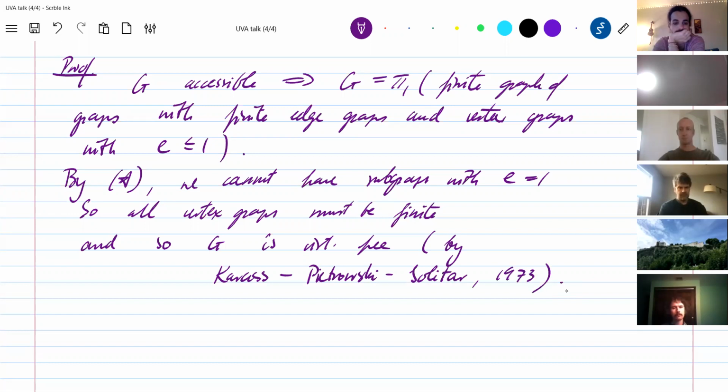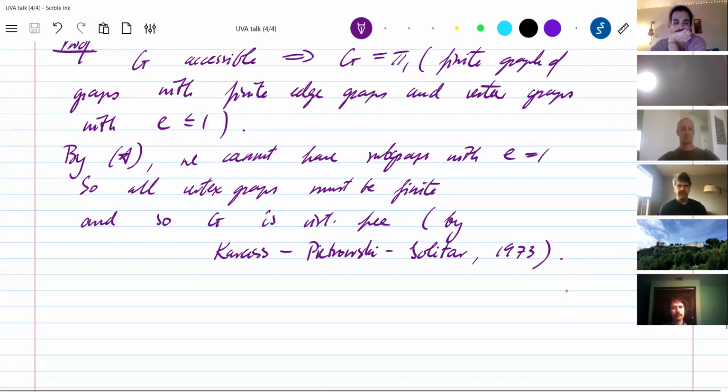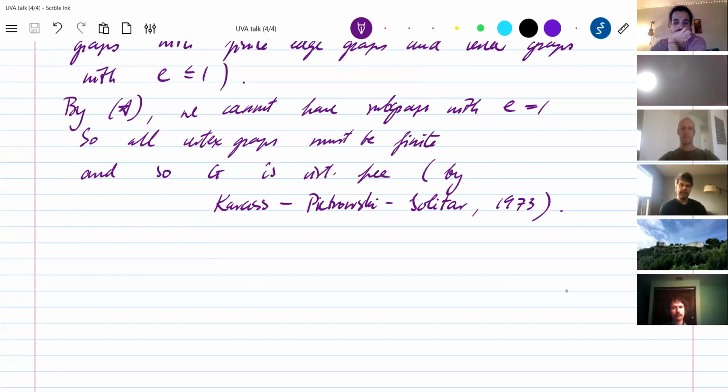Okay, this is a result that predates the Dunwoody result, so it doesn't rely on Dunwoody's accessibility. So we haven't cheated there in any way. And you can see this is very simple, right? So now how do we do the general case? We've seen that for accessible groups, this is true.